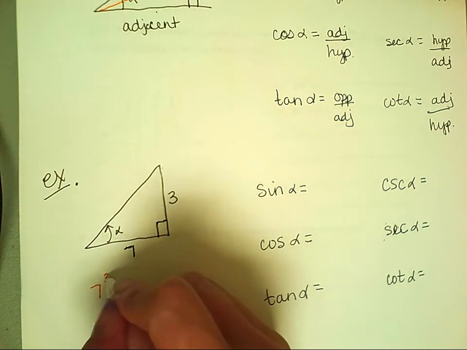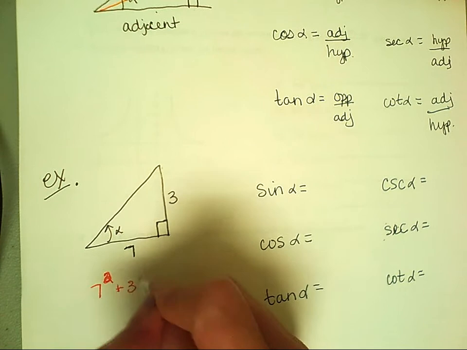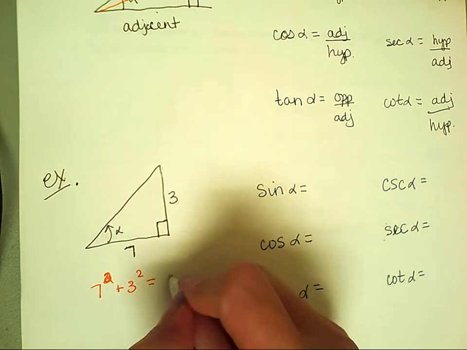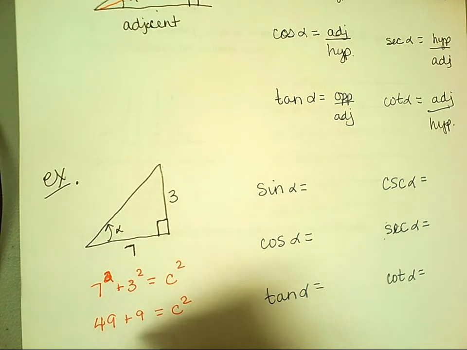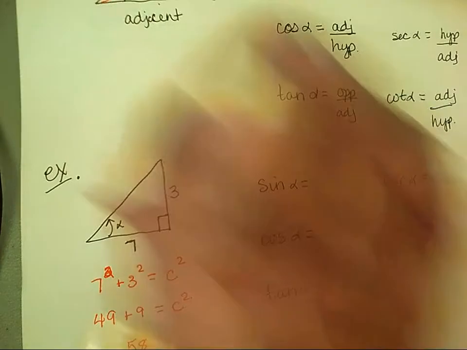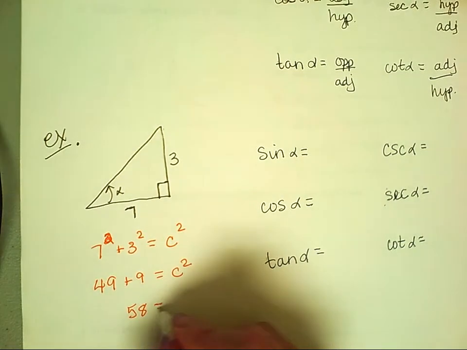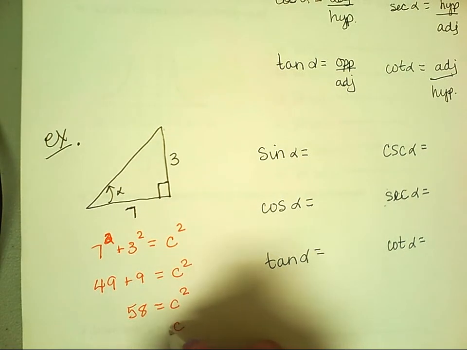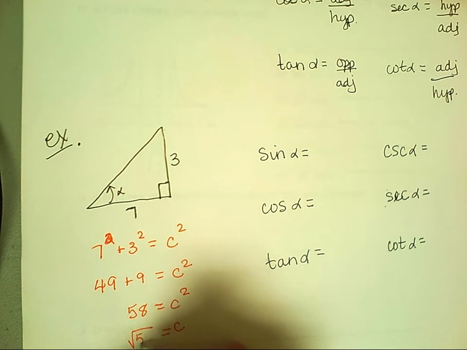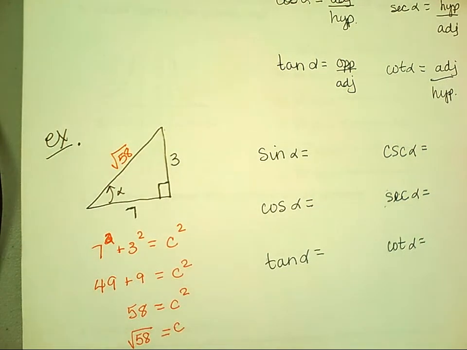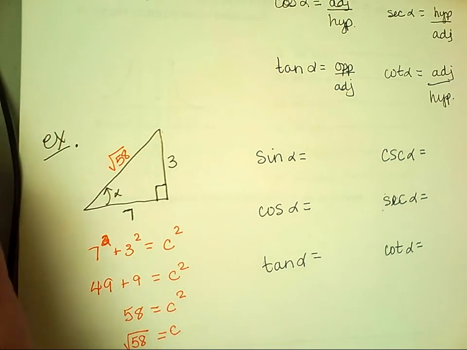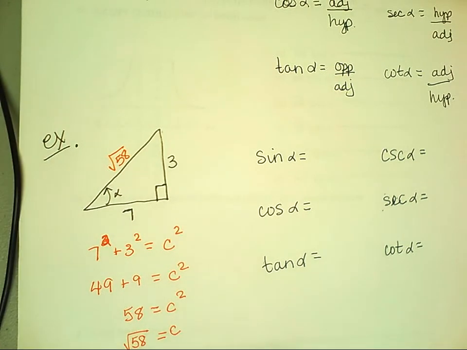So we know that 7 squared plus 3 squared has to be equal to the hypotenuse squared, or that 49 plus 9 is equal to c squared, so 58 is equal to c squared, so c will be the positive square root of 58, because it's an actual triangle, we don't have negative lengths.